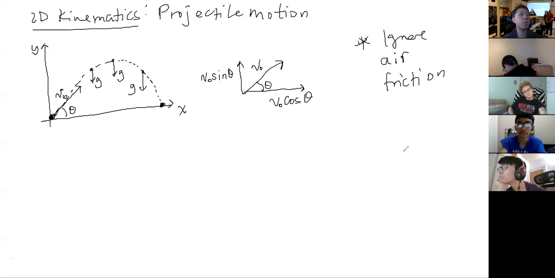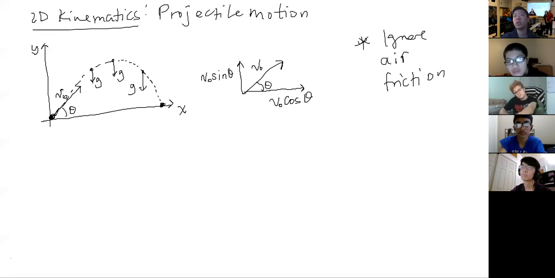We're ignoring a bunch of stuff because the horizontal and vertical kinematics are different. Well, they're not really different, but what is the only acceleration happening to this particle throughout its course of motion? The only acceleration that's happening is downwards, and if you're accelerating downwards, that has nothing to do with your sideways velocity.